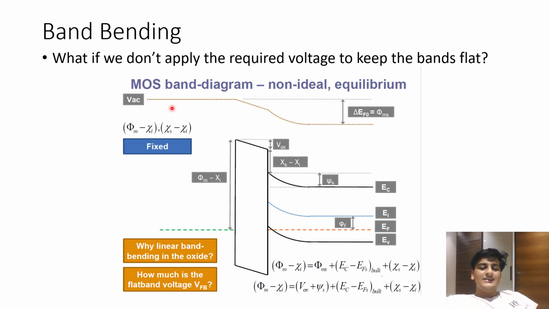Now you can clearly see that if the work function of the metal is more than that of the semiconductor, then somewhere in the middle, this vacuum level needs to bend downwards to bridge that gap, right? And that bridging that it needs to do is what we call band bending.